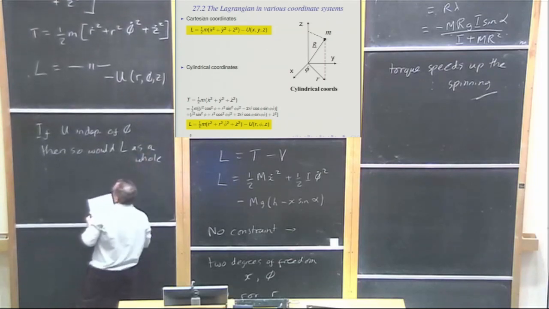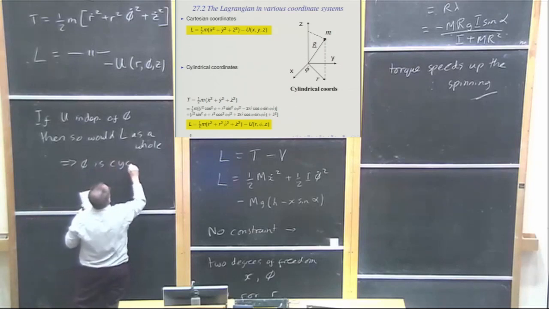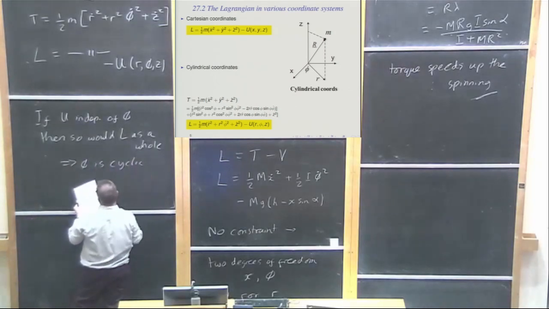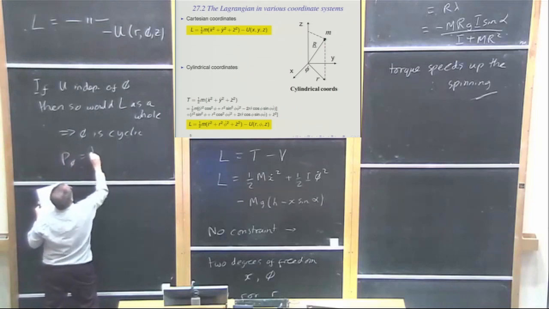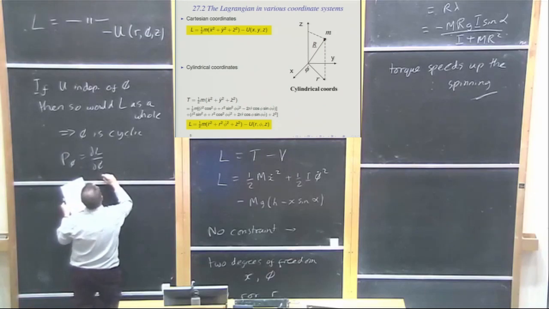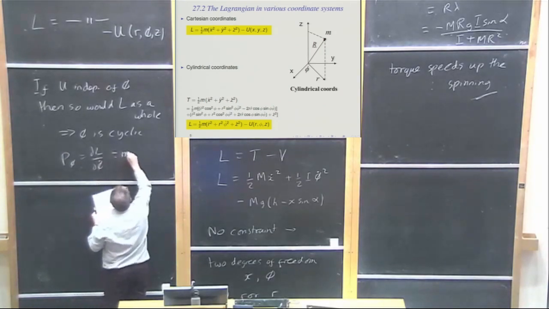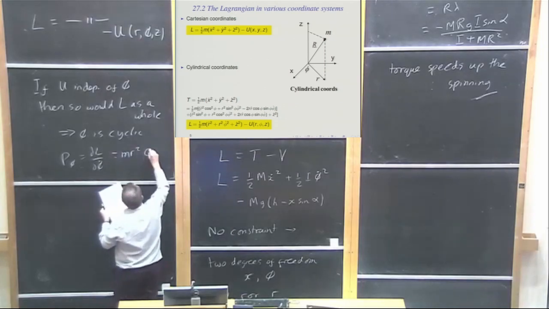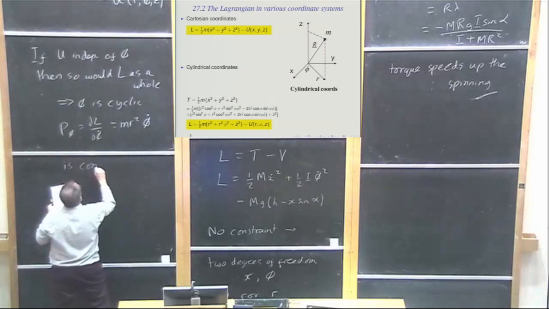So that means that phi is cyclic, and so p phi, which is dL by d phi dot, which is m r squared phi dot, is conserved.